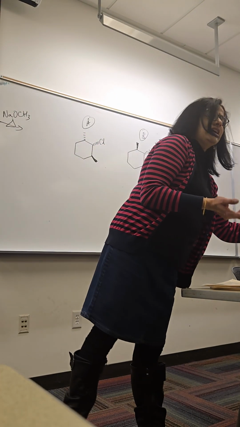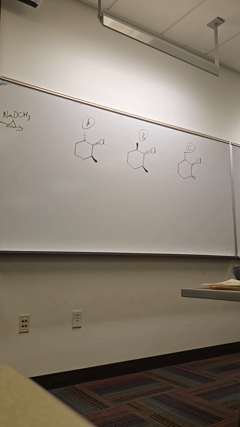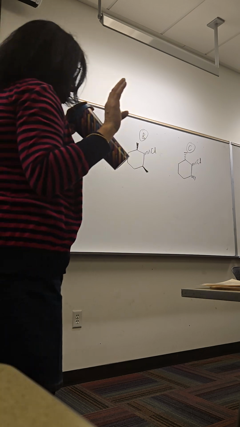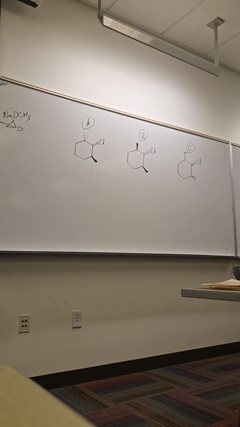So there are no shortcuts. As soon as you start seeing the patterns, you're like, yeah, of course. Did you say beta and alpha have to be anti? Yeah, the carbon leaving group bond has to be anti to the beta carbon hydrogen.